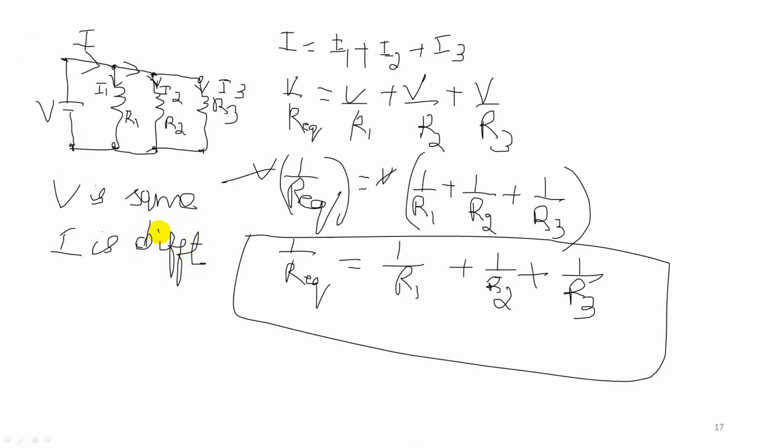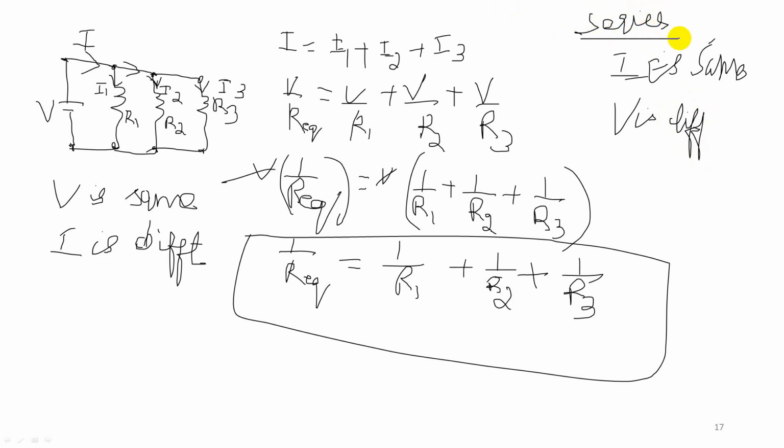Whereas in series, I is the same, but V is not the same. So V is different in the case of series. So with these concepts, this is the parallel circuit.